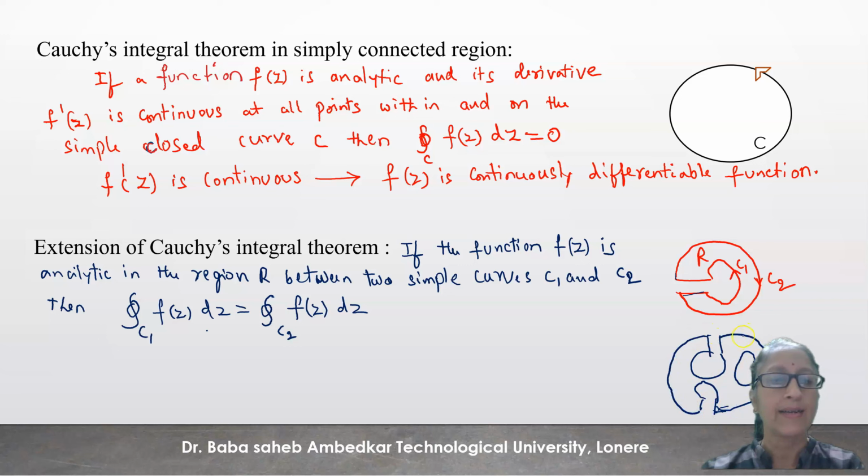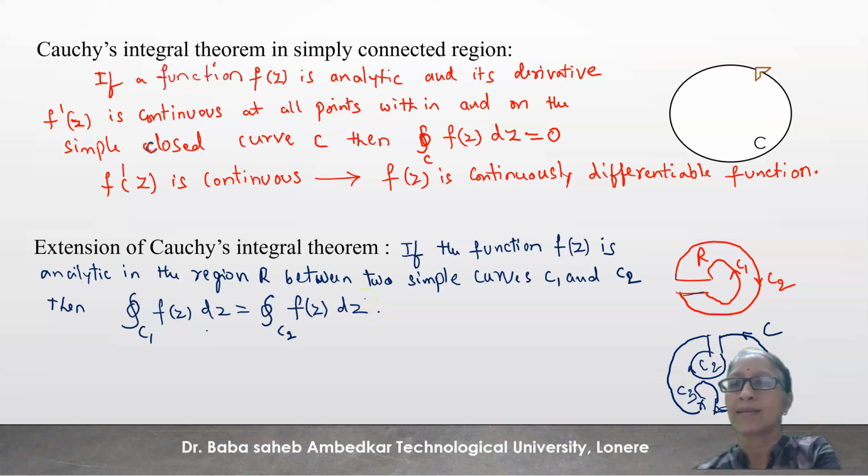Let us say the outer curve is C, and the inner ones are C1, C2 and C3.